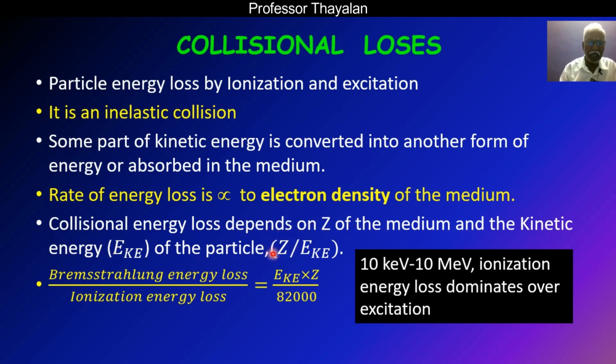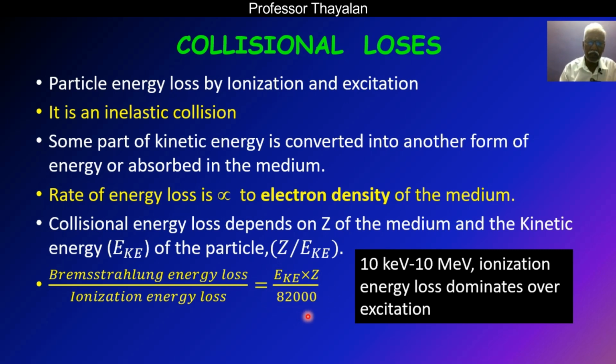In general, it can be written as Z divided by the kinetic energy of the particle. Z is the atomic number. It is also useful to discuss the ratio between the Bremsstrahlung energy loss and the ionization energy loss. It is equal to the kinetic energy of the particle times the atomic number divided by 82,000.